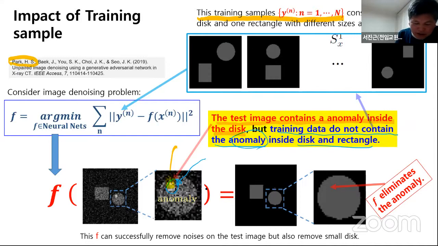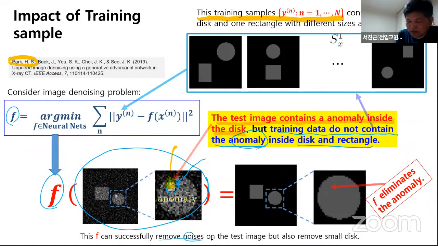So if you input this here, this F, the trained deep learning F, can successfully remove the noise on the test image, but it also removes the small disk. There is no small disk here. F eliminates the anomaly because the training data does not contain small anomalies. So this training data is not so good. It also eliminates the anomalies. That's the reason why training data is important.